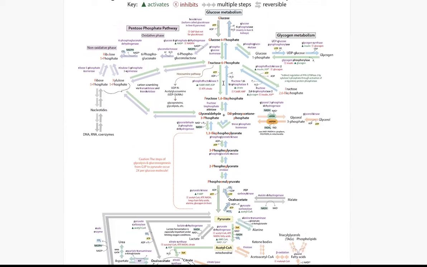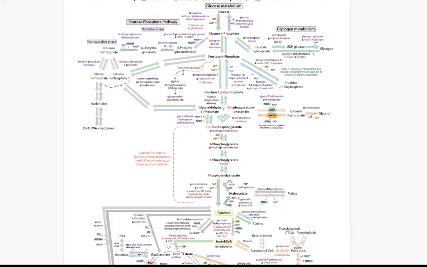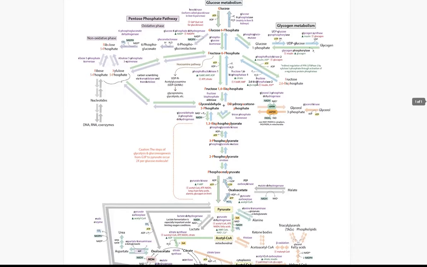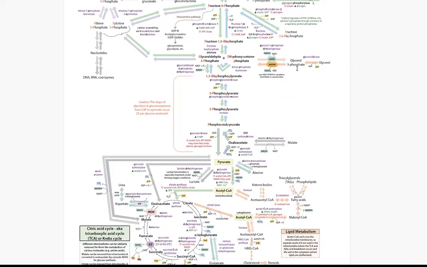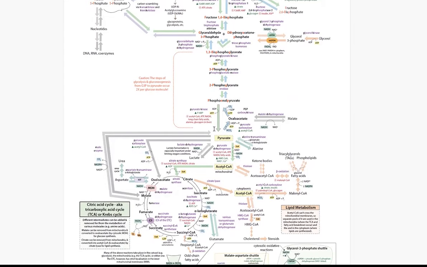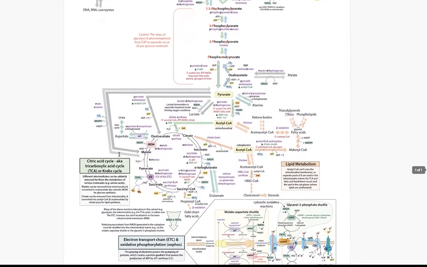You can use pieces from the glucose to make modified sugars through the hexosamine pathway, regulatory molecules. You can feed into the pathway from your lipids so you can go further down and make more energy. You can feed into the pathway from malate that you got from the citric acid cycle.